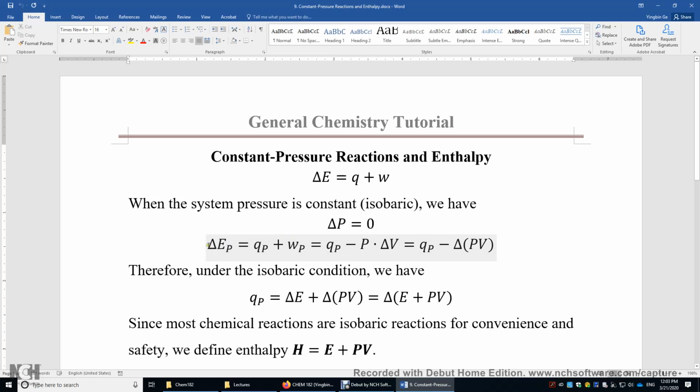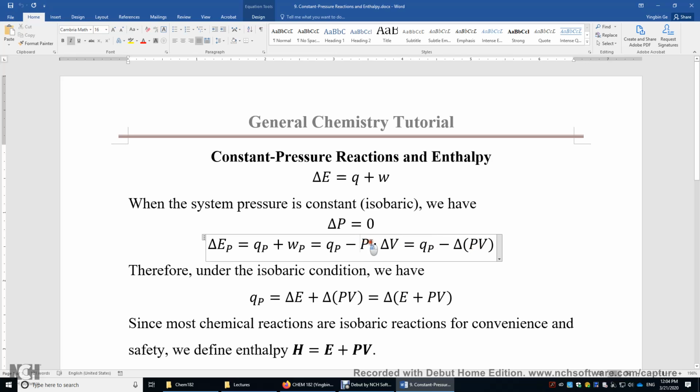And then we have this delta E, the internal energy change, under the isobaric condition is equal to Q sub P plus W sub P, which equals Q sub P minus P times delta V. Because P is a constant, we can put this P inside the delta sign, and then we have Q sub P minus the change of the product PV.